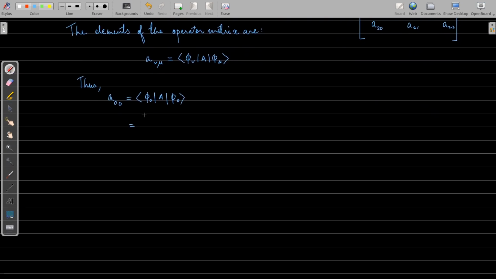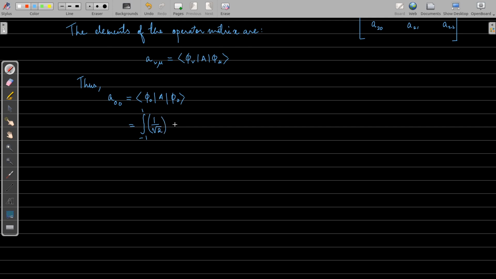So this will be equal to integration from -1 to +1. The first function is phi 0. Phi 0 is 1 by square root of 2.